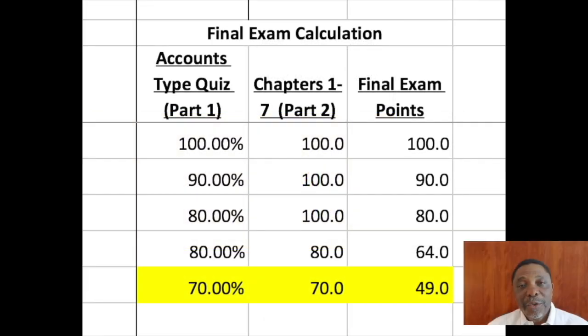Finally, if you earn only 70% for your accounts type quiz part 1 and you earn only 70% for part 2 of the final exam, you will only add 49 additional points to your course total, because 0.7 times 70 is 49 points.